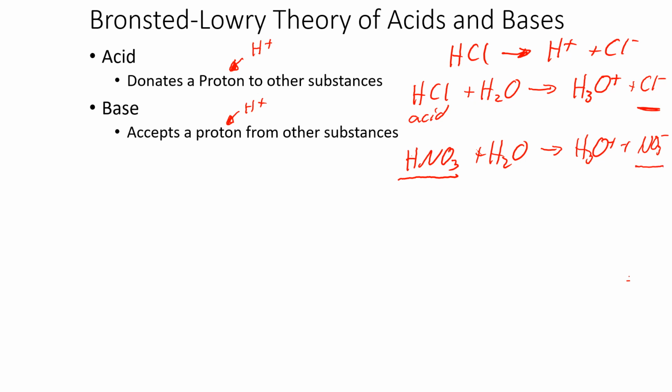And so that means that this is still an acid. So the acids are the same under the Bronsted-Lowry definition, but the Bronsted-Lowry definition changes what a base is. Before, it had to have OH minus in it. Now what we're saying is that a base is anything that accepts a proton. And that really opens up the definition of what a base is.